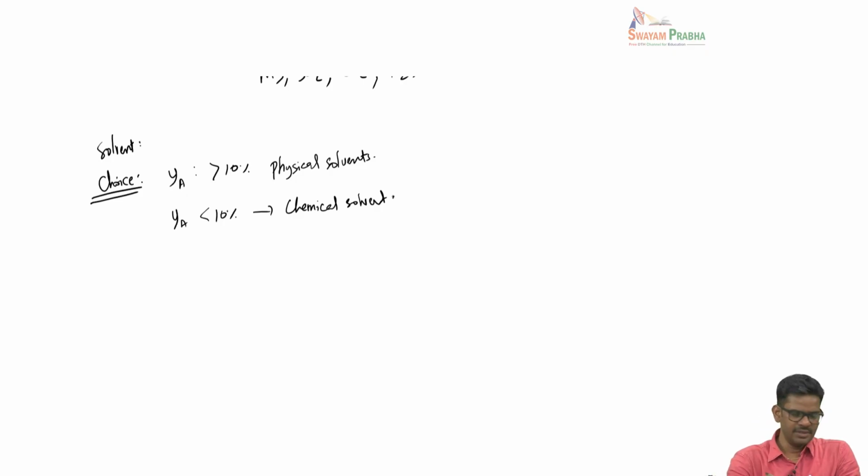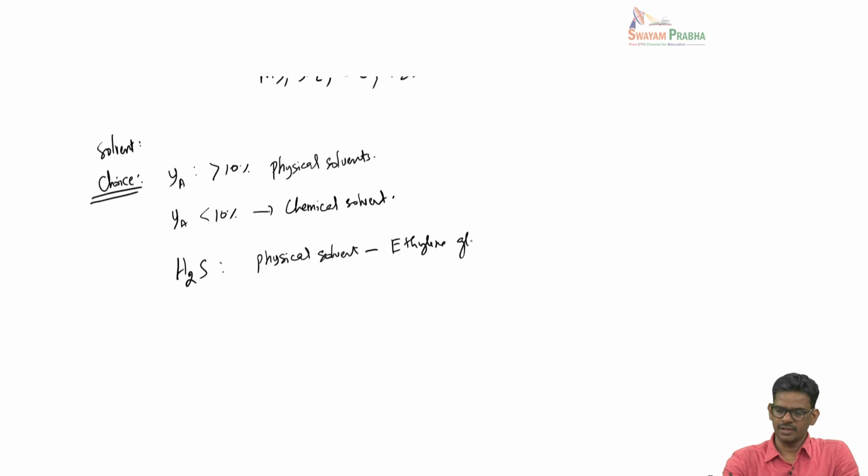To give an example, let us think about H2S removal, hydrogen sulfide removal. For the physical solvent the choices can be ethylene glycol, which is a physical solvent, or propylene carbonate. These are examples of physical solvents.